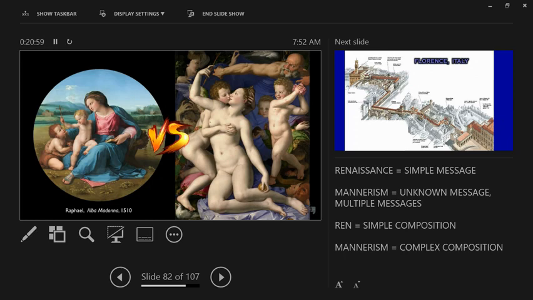We have the very pleasant background, and it's so quiet and nice. And then in the Mannerist painting, we have such chaos and weirdness and these harsh angles, and just, what is going on? We don't really know, and it's just so strange. And that is a big difference between Renaissance and Mannerism.